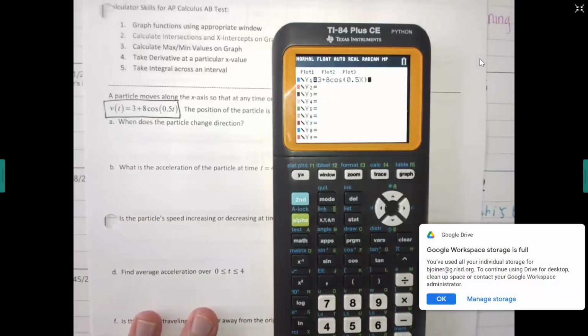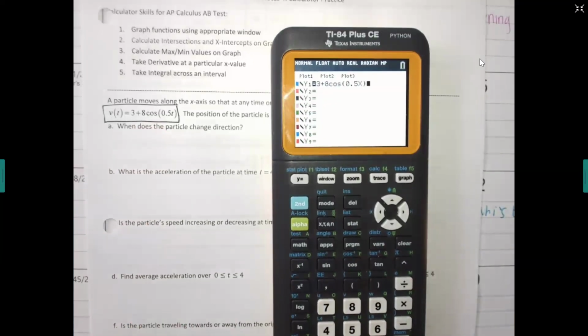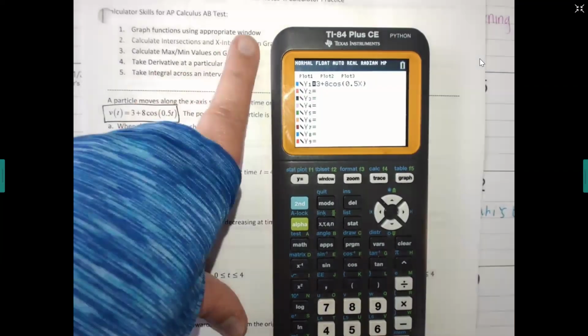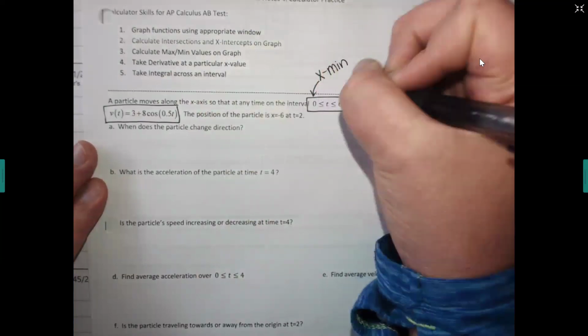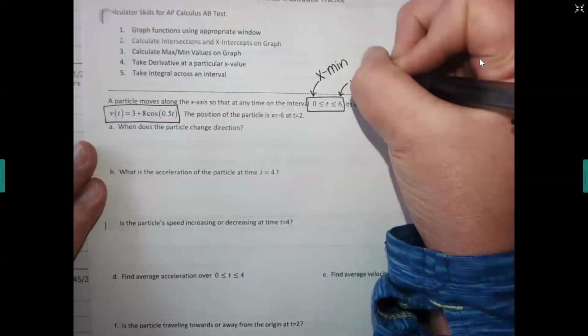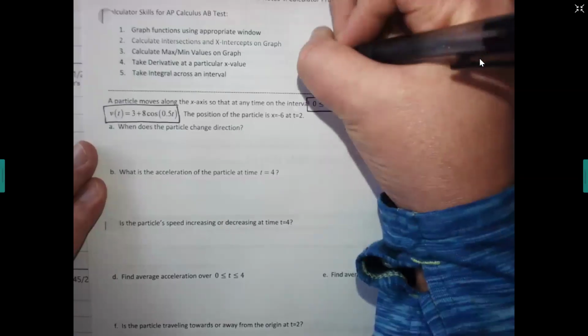The other thing you need to know how to do for the graphing questions is how to adjust your window. When you hit the window button here, it says that I'm only looking at 0 to 6. So that's going to be your X min and your X max in the window button.